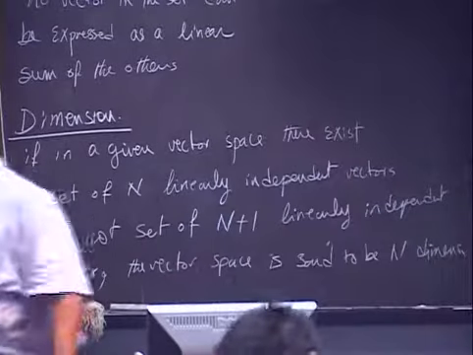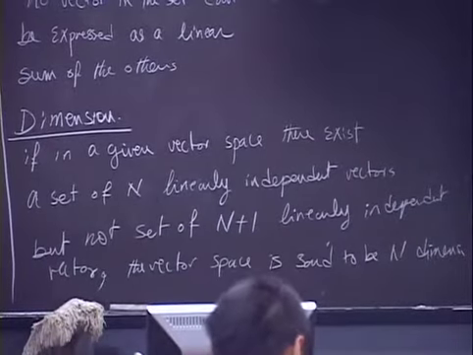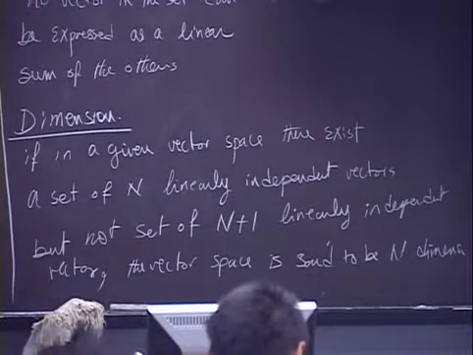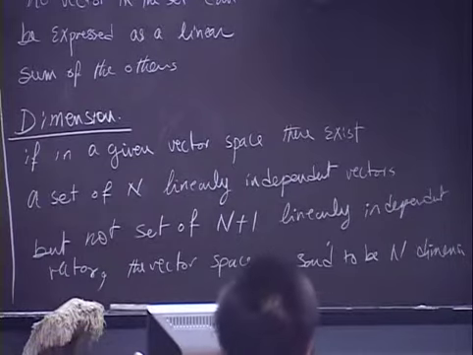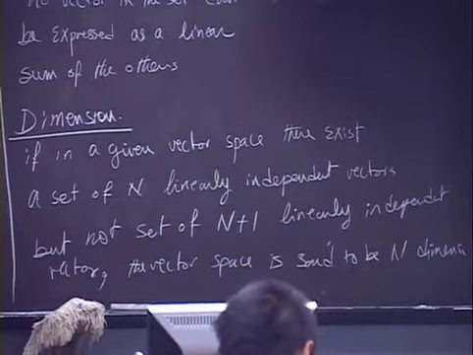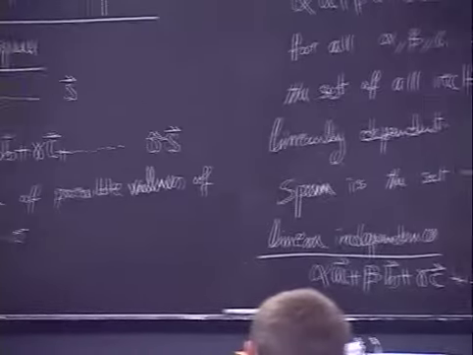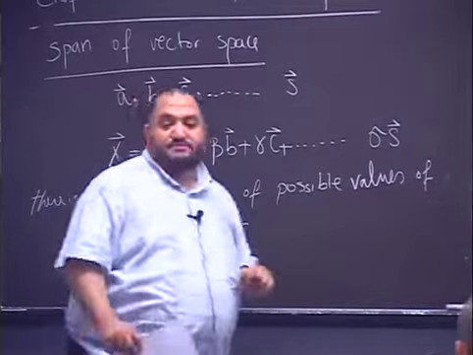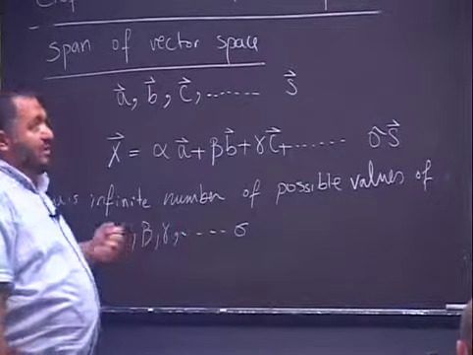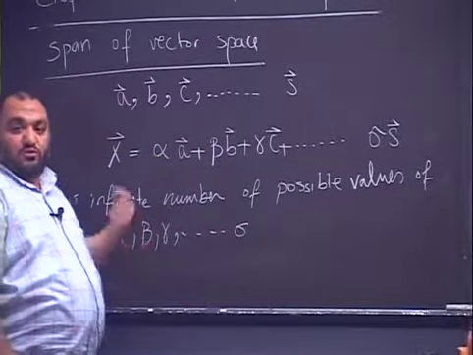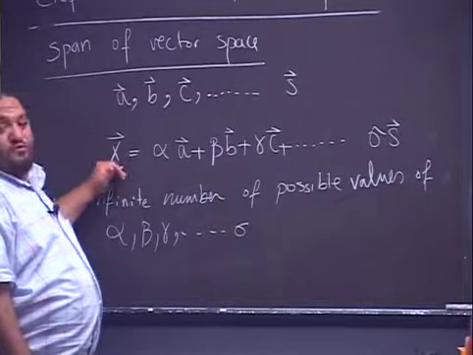What does it mean? Let's come back to our vectors A, B, C, D, up to whatever, let's say Z. If we find in our set of vectors a set of vectors X equal to alpha A, beta B, up to sigma S. Let's assume that I look at my vectors A, B, C, D, up to Z, and I was able to form, let's say, 6 of those vectors.